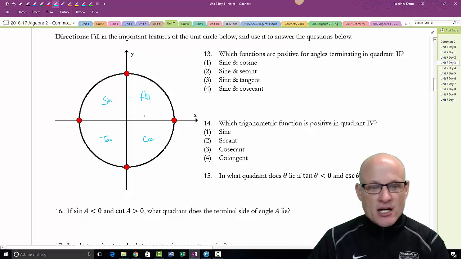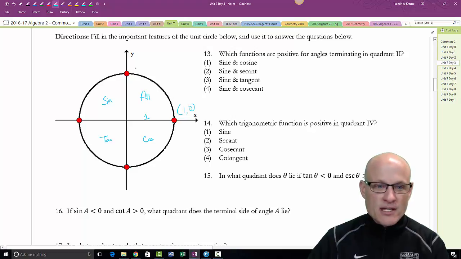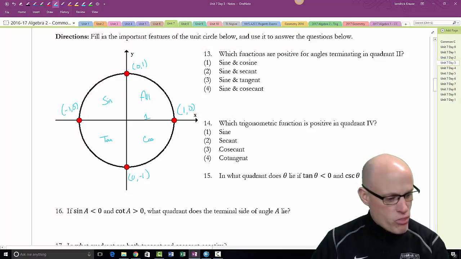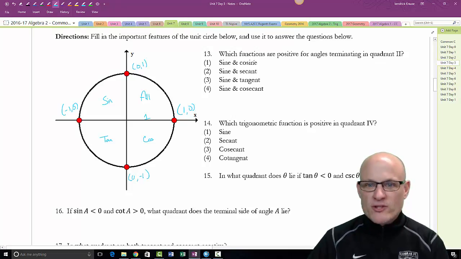My length of my radius is 1, so that makes this 1, 0. That makes this 0, 1. That makes this negative 1, 0. That makes this 0, negative 1. All right, which functions are positive in angle quadrant 2?